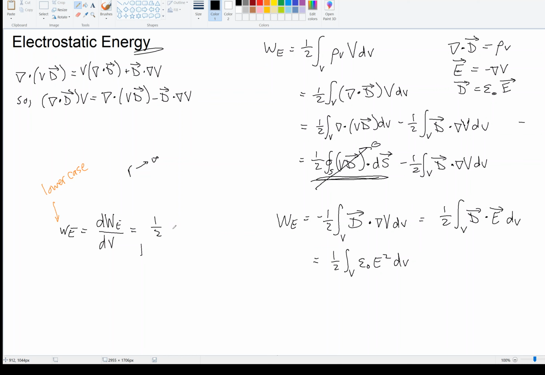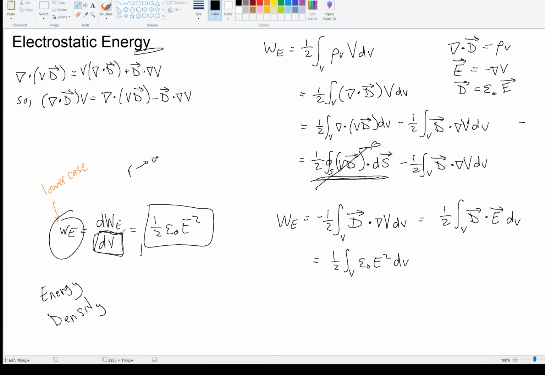That is 1/2 epsilon 0 magnitude of E squared. You see that? So if we make that definition, and then we integrate it, of course we get the total energy. So we call this energy density, this little w is the energy density. So take a charged body, and if you take a certain volume of that charged body, this will tell you how much energy you have there, and this is joules per cubic meter.